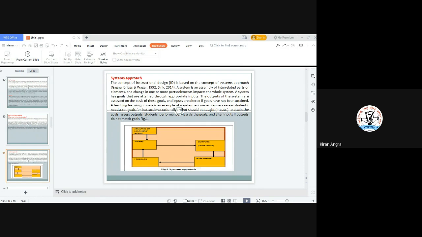Then only the instructional goals should be derived. Task analysis means the instructional goals are linked with the plan in framing the instructional material.